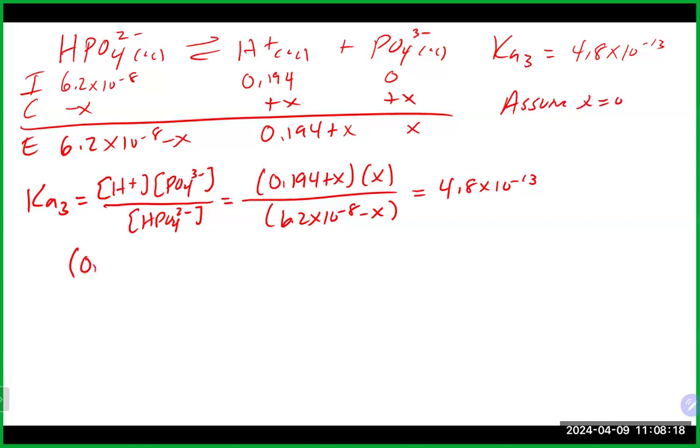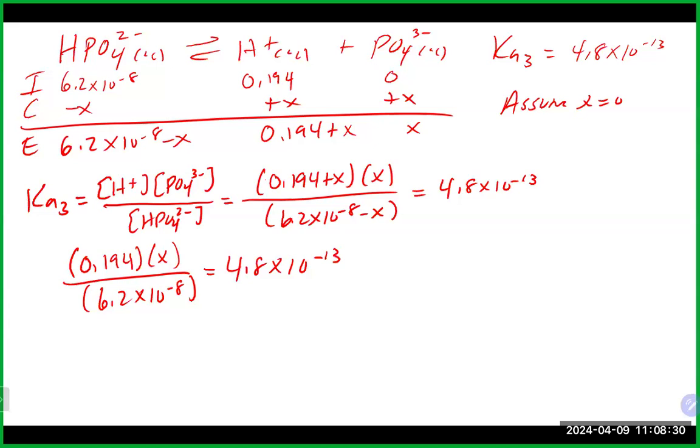That's going to give me 0.194 times X divided by 6.2 times 10 to the minus 8 equals 4.8 times 10 to the minus 13. I'm going to multiply the bottom here, and then divide the 0.194 on top, which is going to give me 6.2 times 10 to the minus 8 divided by 0.194, which gives me 1.5 times 10 to the minus 19.